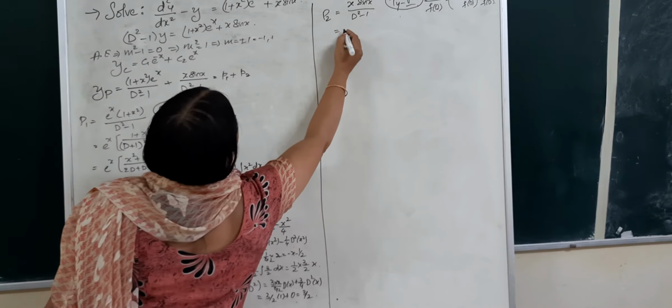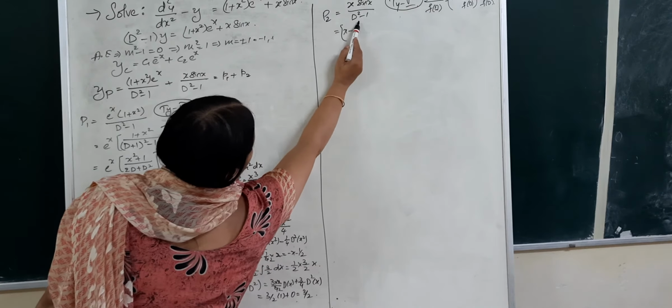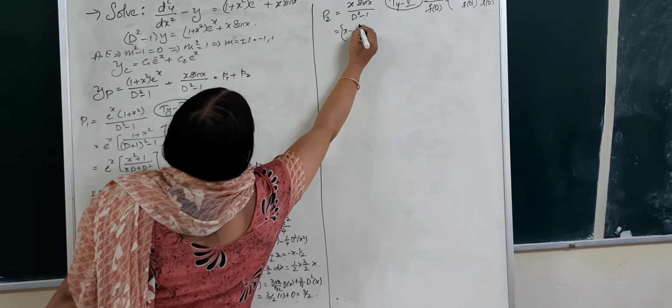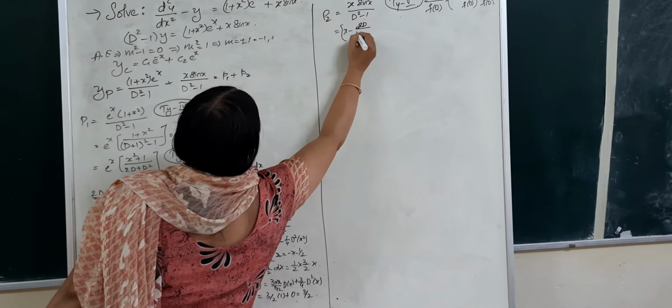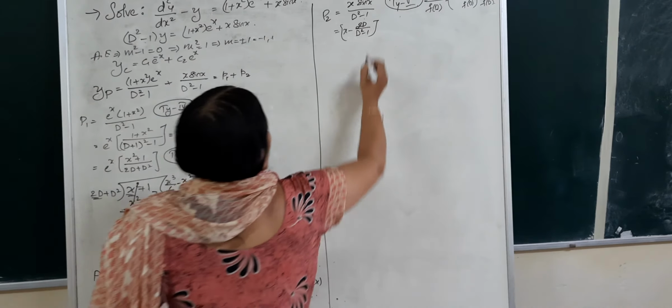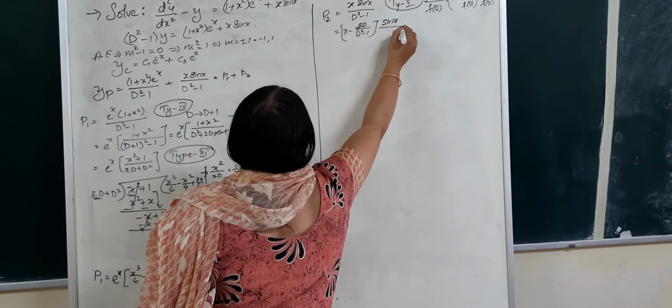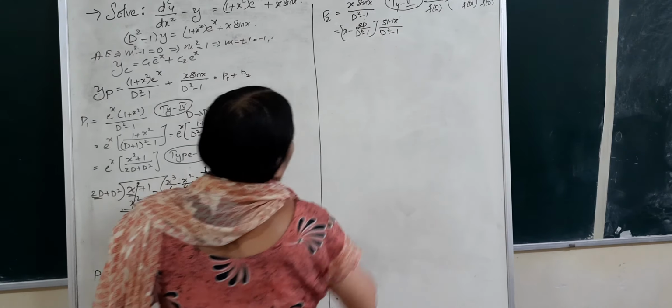Anyways, applying the formula here, f of D is D square minus 1. Derivative of f of D is 2D. So the denominator is D square minus 1 into my v of x, which is nothing but sin x here. So sin x divided by D square minus 1.